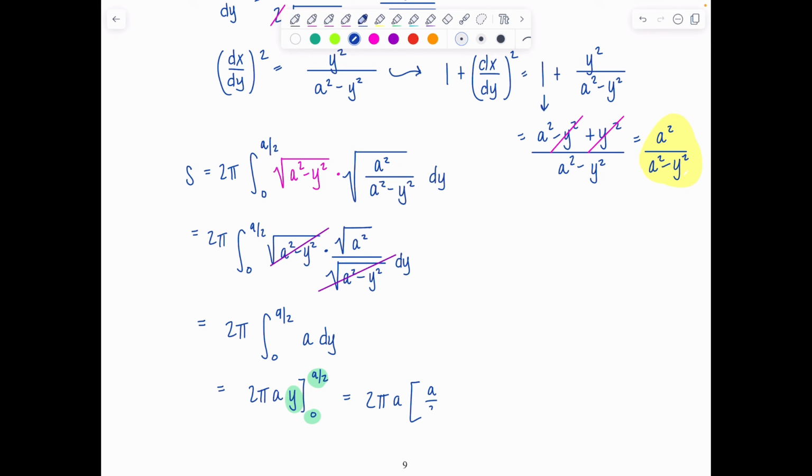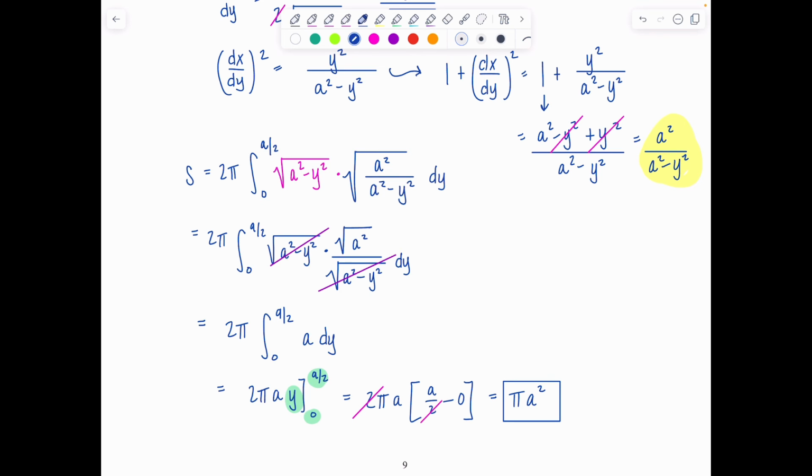We have a over 2 minus 0. So you just have 2 pi a times a over 2. The 2's cancel. And final answer is pi a squared. Lovely. Just lovely.